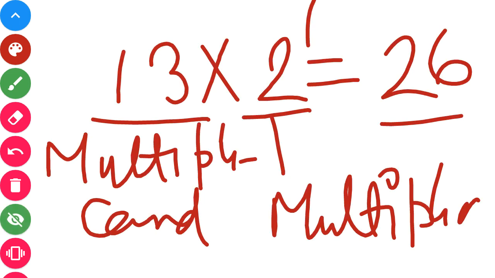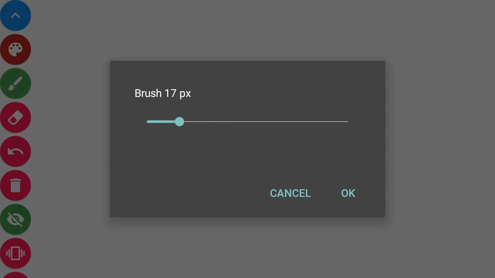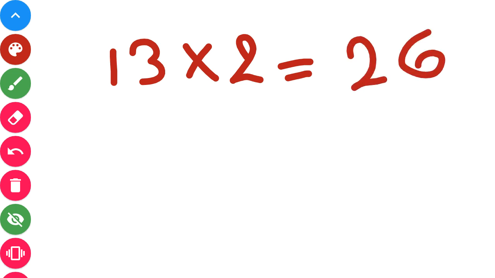So first of all, suppose I take the numbers 13 and 2. 13 2s are, how much will I get? I will get 26.